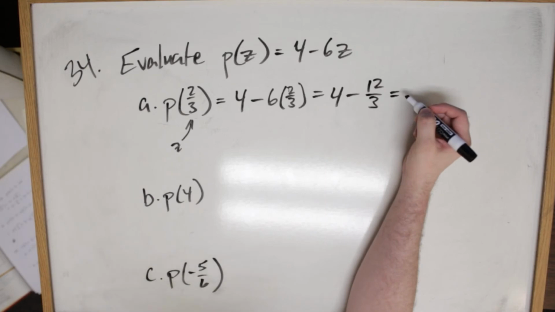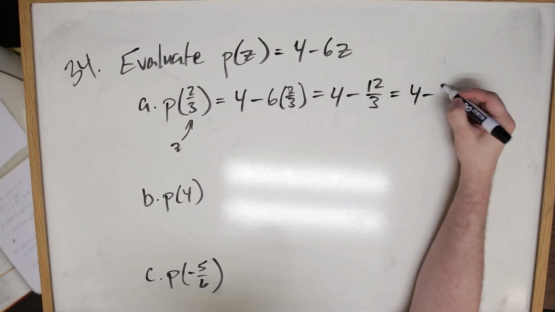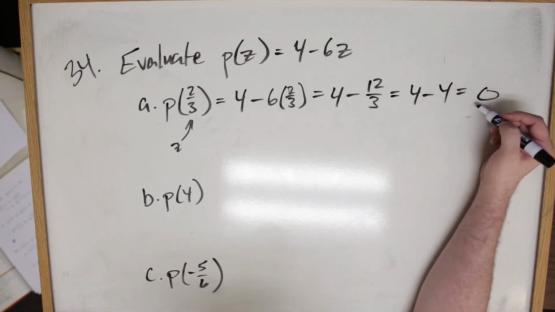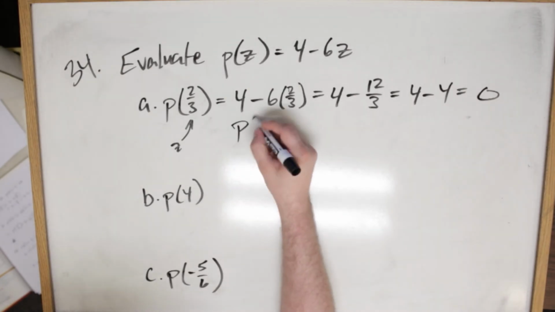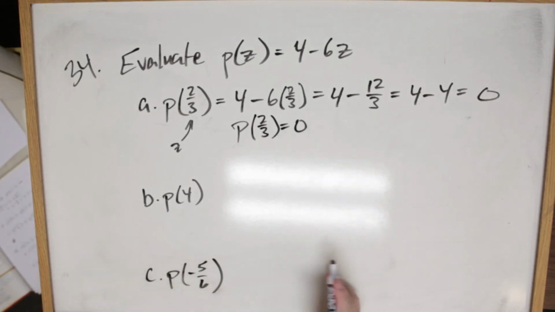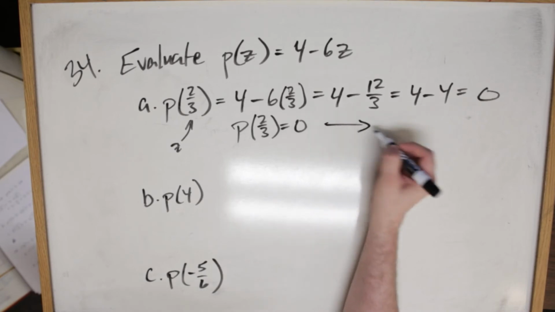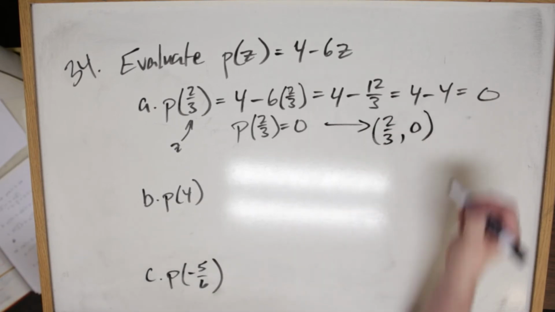And this is going to be 4 minus 12 divided by 3, which is 4, which is equal to 0. So take a look at what we have. P of 2/3 is equal to 0. So the point that we can think about this as is going to be 2/3, 0.